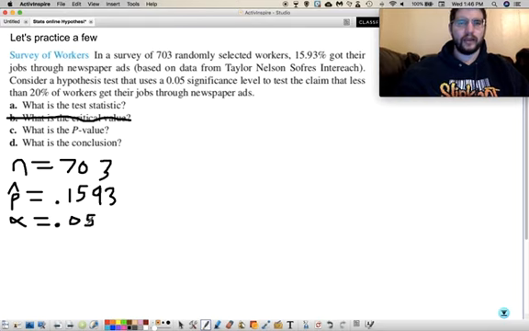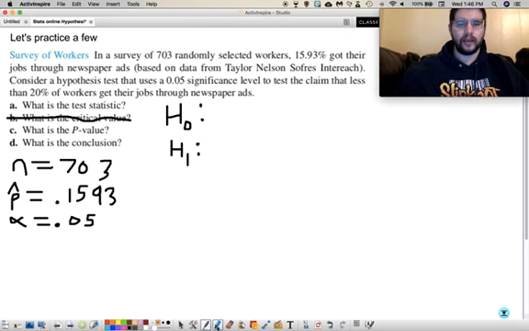to test the claim that, okay, let's write down our hypotheses, our null and our alternative. And again, for the alternative, you can use H1 or HA. I'll be using H1. For the null, I always use H null. I don't think there's anything else you would use.